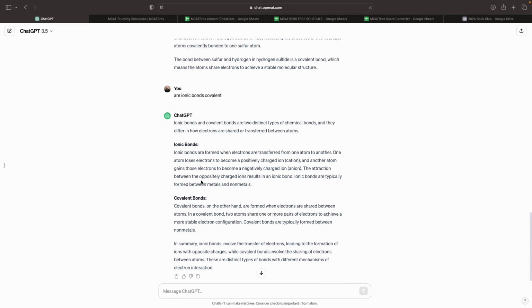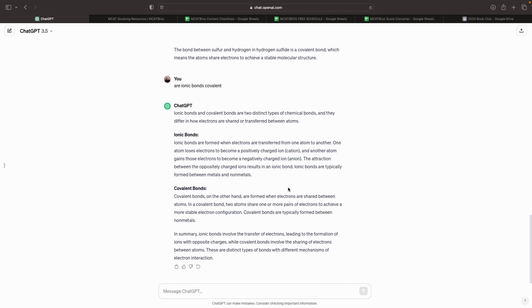The attraction between the oppositely charged ions results in an ionic bond. They are typically between metals and non-metals. So NaCl, for example, right? In covalent bonds, two atoms share one or more pairs of electrons to achieve a more stable electron configuration. Covalent bonds are typically formed between nonmetals. So when we have oxygen and hydrogen, right?